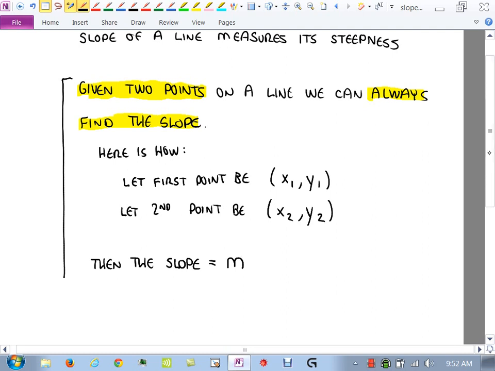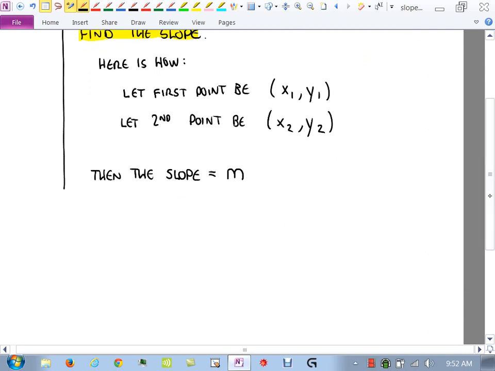We use M to always represent slope when we're talking about lines, okay? M, the letter M, is equal to the rise divided by the run, which will be equal to, it's just a calculation you have to do, all right? You just have to do this calculation. It is the y2 minus the y1 divided by the x2 minus the x1.